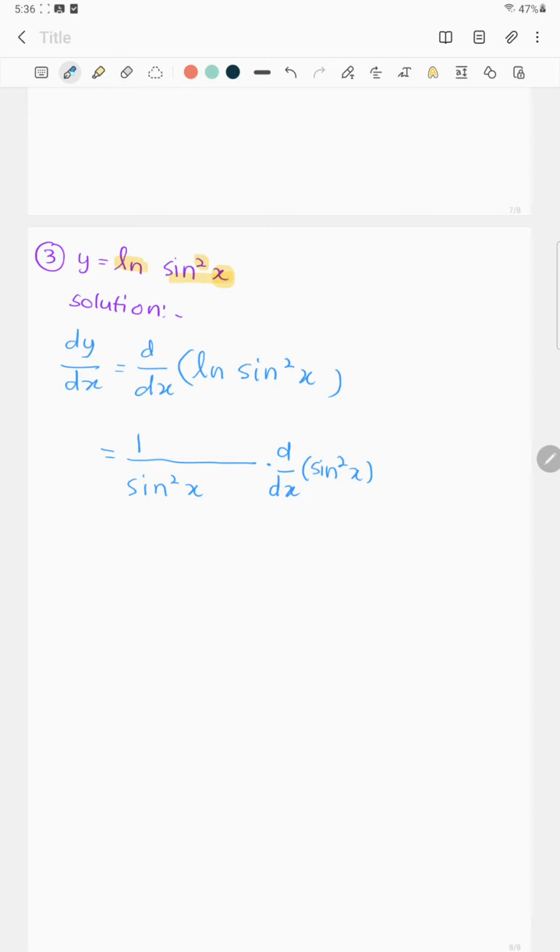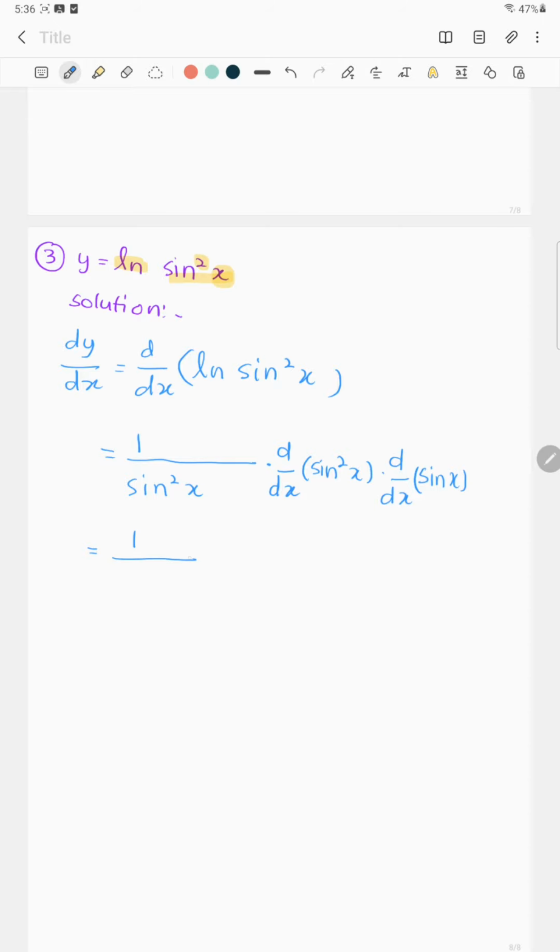And then we need to differentiate the sin. That's it. We don't need to differentiate x, because if we differentiate x, we got 1.